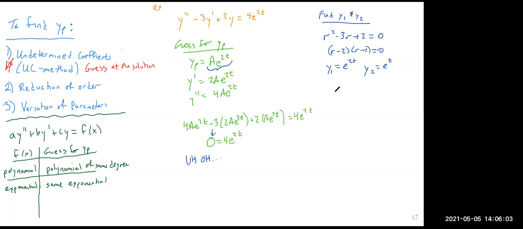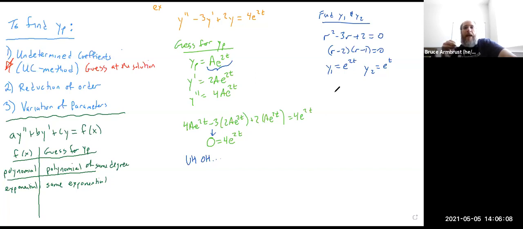It's in the vector space spanned by y1 and y2. So it's kind of like it's in the null space. Remember the null space? It's the set of things that gives you 0. The guess that we made is in the null space. Well, that doesn't help us if we're trying to get something that's not in the null space.